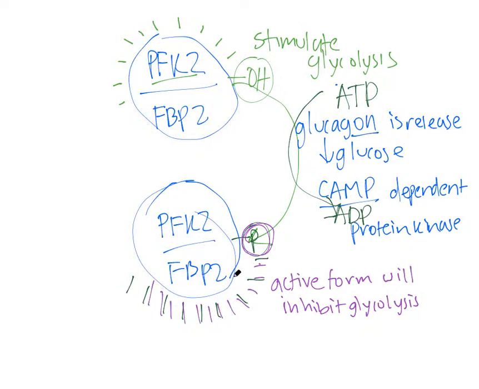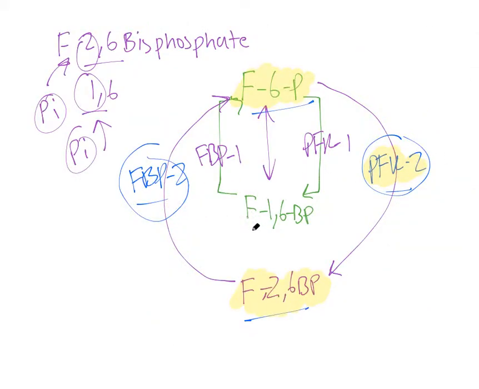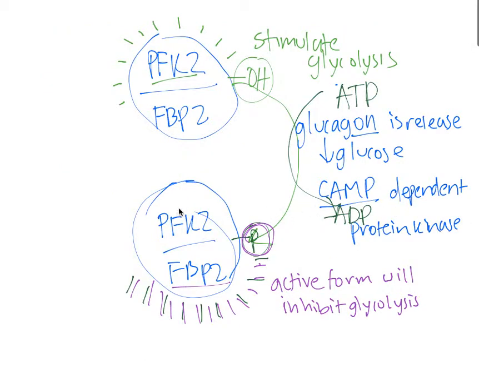It's going to be fructose bisphosphatase, and when we have fructose bisphosphatase, we're going to move this fructose 2,6-bisphosphate back to fructose 6-phosphate. So back to the original molecule, and we're going to push it the other way, upstream to gluconeogenesis. And that's why this makes sense, right?